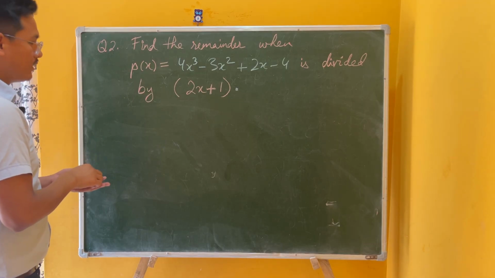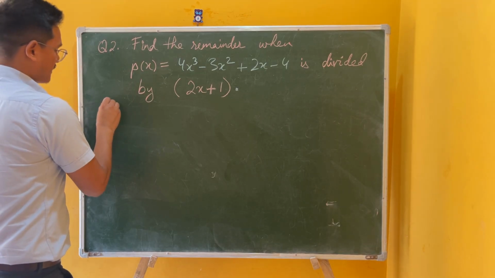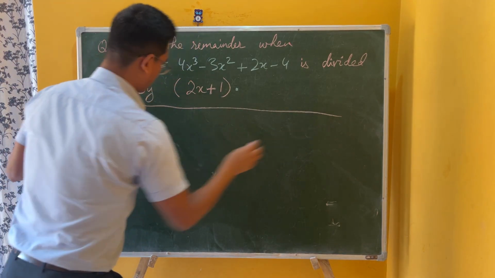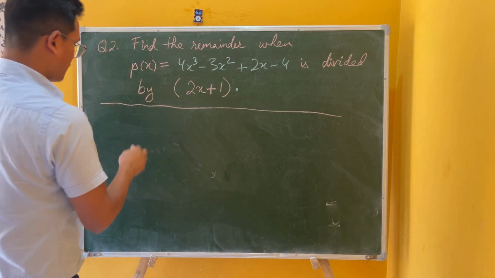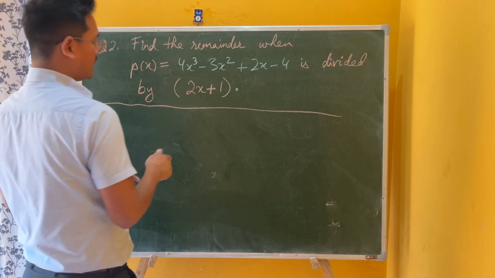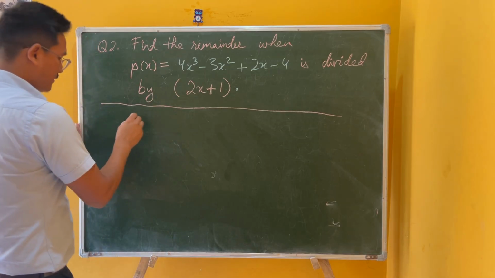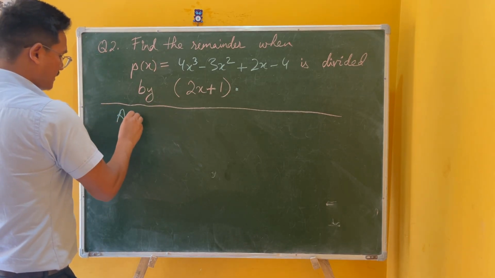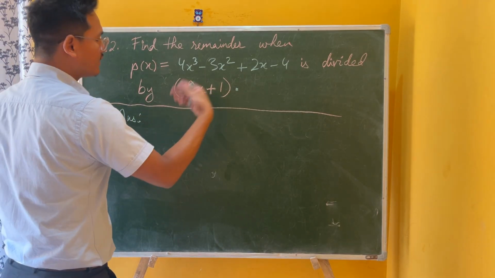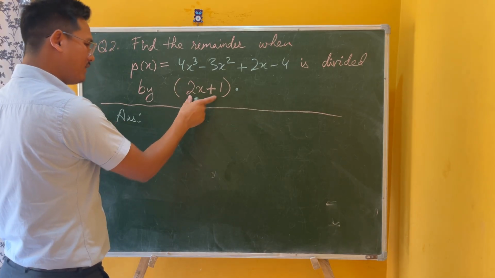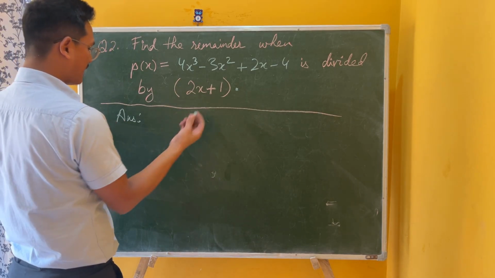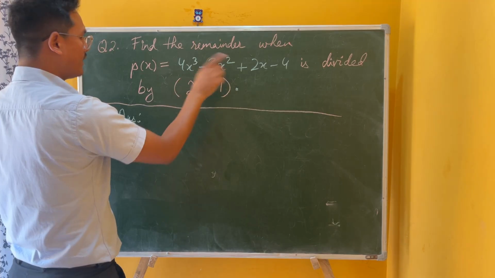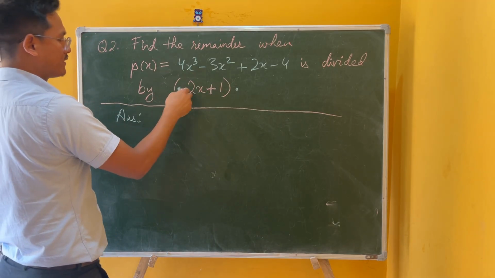But since we know the remainder theorem, we'll go for the shortcut. What do we need to do? First, we'll have to equate the divisor to 0. You can name the divisor by some function, like let's say this is already named as p of x, so you'll have to give this something else.